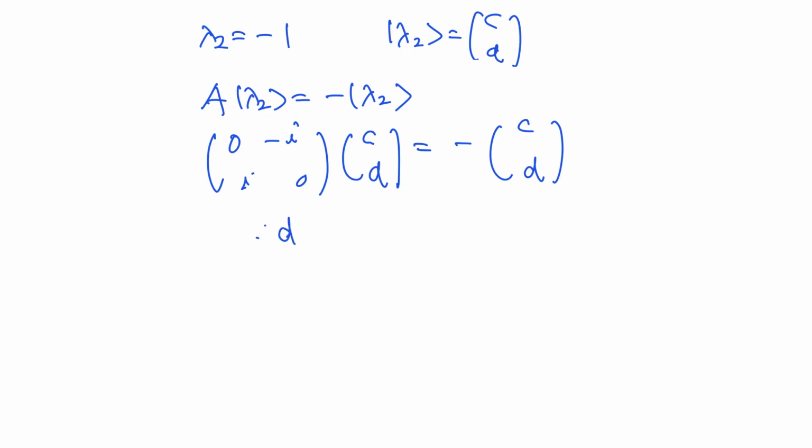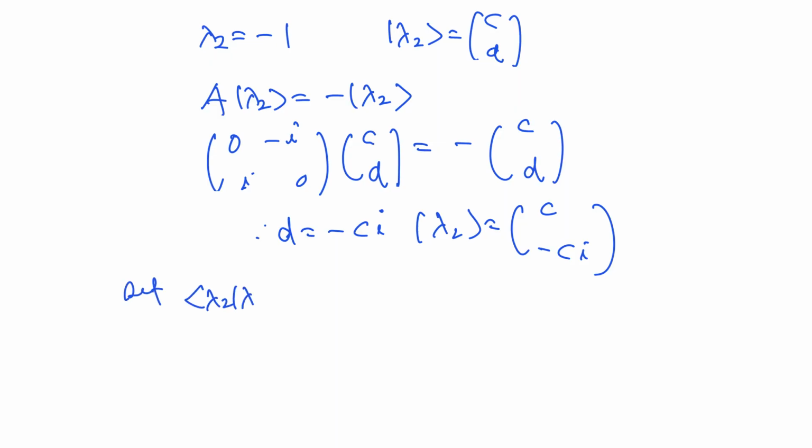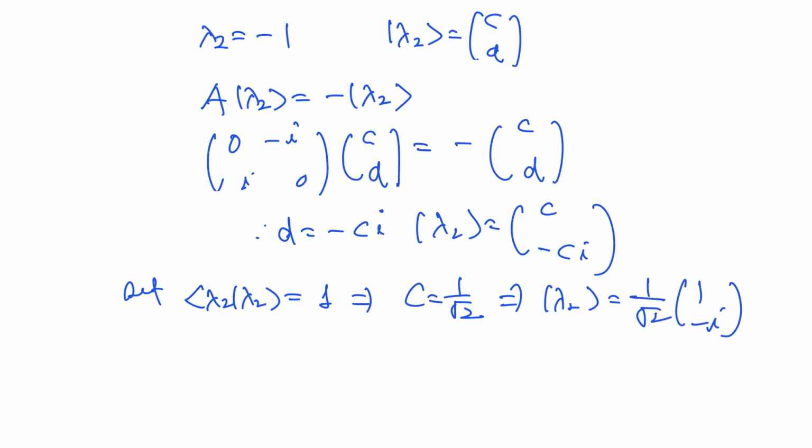So that means d is minus ci. So the eigenvector for lambda 2 is c, minus ci. And set the normalization equal to 1. We have c is 1 over square root of 2. And the eigenvector for lambda 2 is 1 over square root of 2, times 1, minus i, right? Very interesting property.